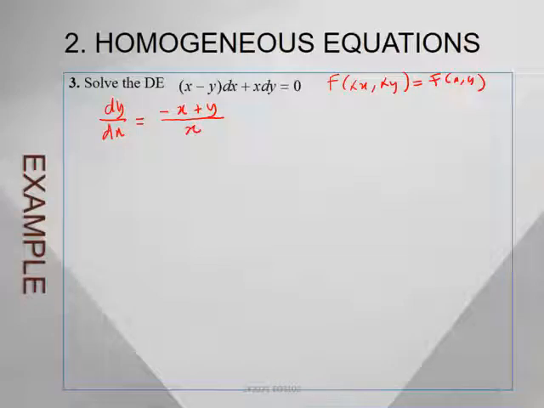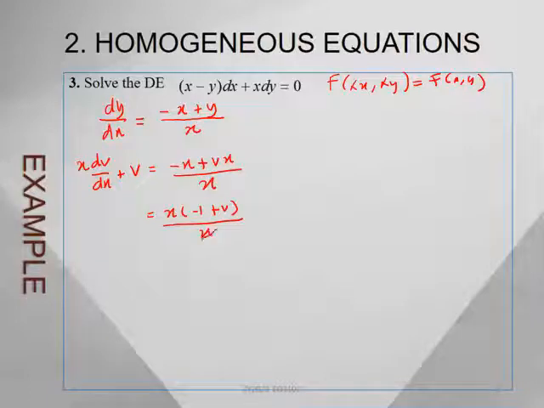So we substitute: x dv/dx plus v is equal to (negative x plus vx) divided by x. So now you can cancel out the x, so it becomes negative 1 plus v only, right? So here is x dv/dx plus v. Now you move the v from the left hand side to the right hand side.